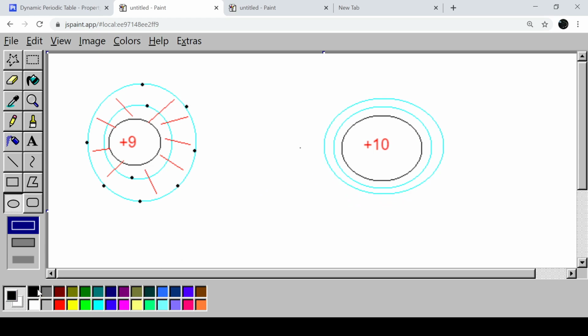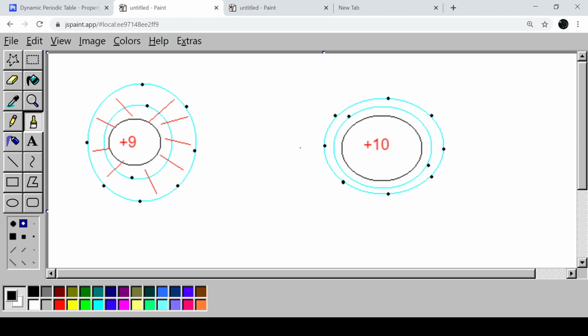Okay? And the idea behind this one is that because there's more protons and it's pulling on the same energy level, it actually pulls the energy level closer to the center of the atom.